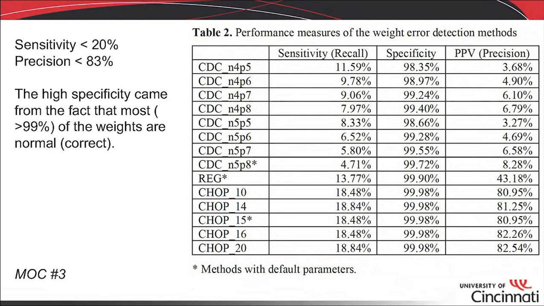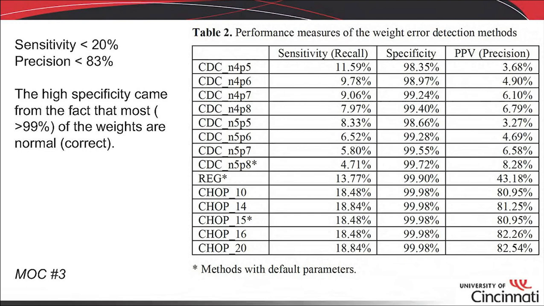So for example, CDC N4P7 means it's -4 to +7 in their algorithm, which you can tweak. CHOP as well, the default value is 1.5 based on the data, and there are some ways to tweak the weight of the Z-score. We just experimented with different settings. And well, CHOP is the best, right? So they all achieve high specificity, but it's not surprising because most of them are negative, right? 99.5% are negative.